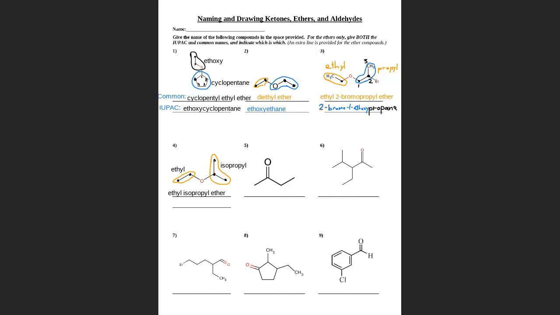And from there, you can go ahead and proceed to do the IUPAC name. Now for the IUPAC name, you're going to use the longest of the 2 carbon chains, which is going to be the propyl. And so I'm going to go ahead and delete my little orange circles.